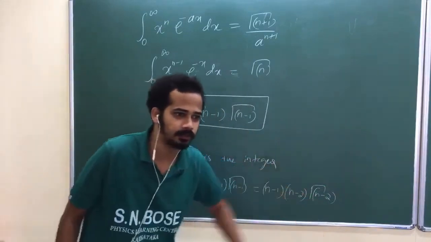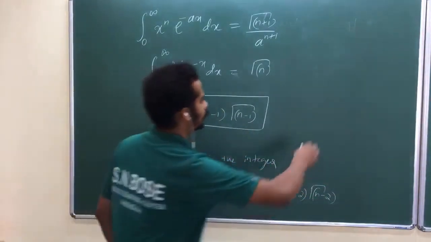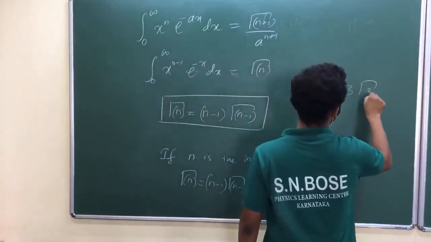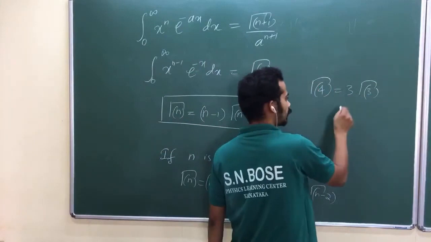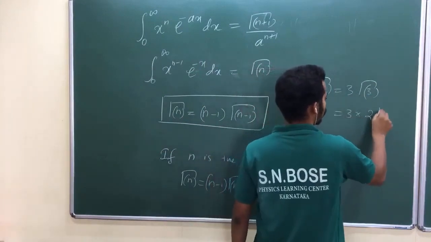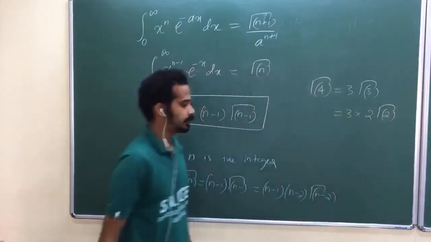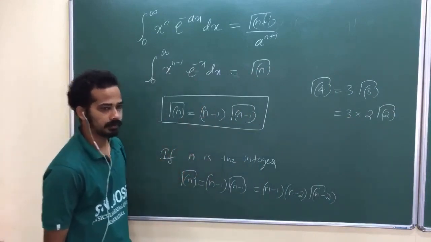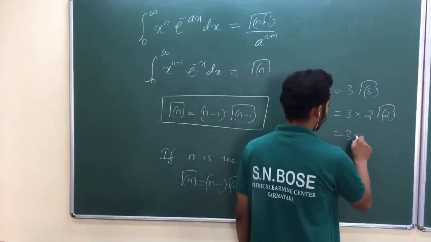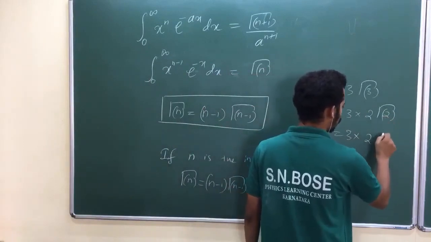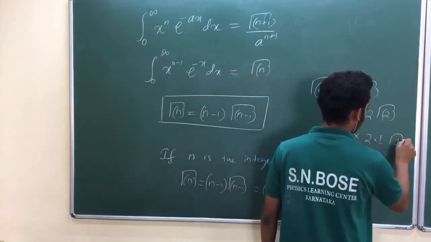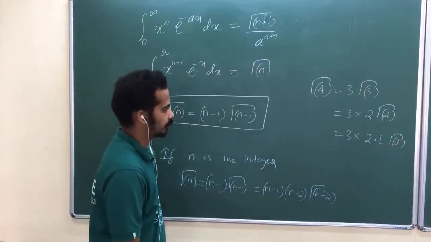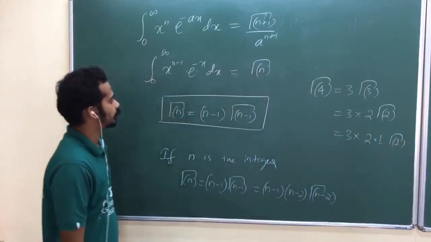Like that I can continue. Suppose you have gamma of 4, you can write 3 gamma 3. Then gamma of 3 you can write as 2 gamma 2. Just try to understand this property. Like that, 3 into 2 into 1 gamma 1.